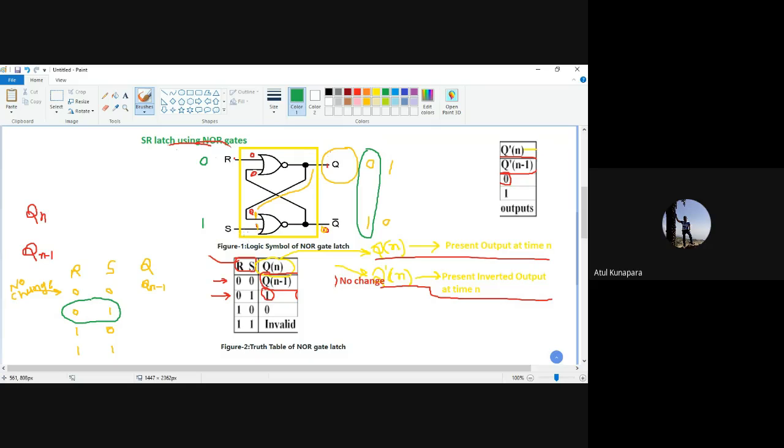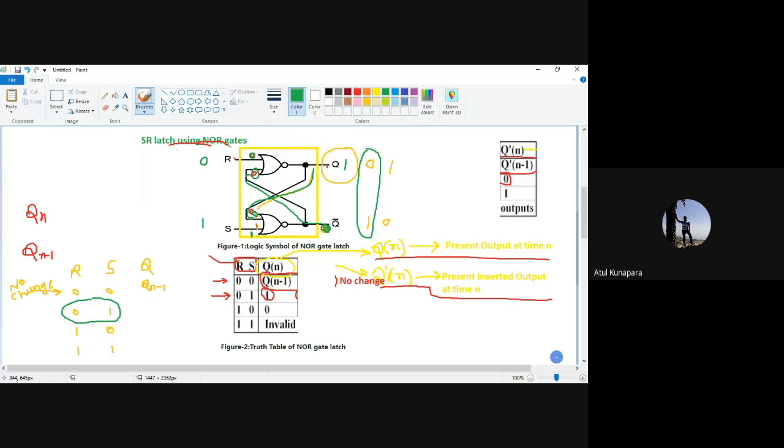In that case, this S will be 1 because you are giving it from outside, and this Q is 0. So that 0 will come from here to the input side because it's a cross connection given already inside. So this 1, 0 at the NOR gate will provide you output equal to 0. And that 0 will come here because it's again a cross connection. So 0 will be here and 0 is also already there from our side. Both are 0, and that's why this output is going to be made 1. Right?